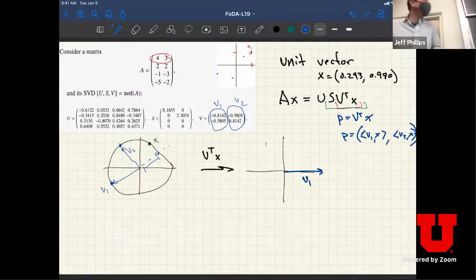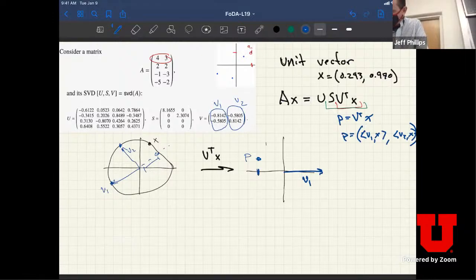So the first coordinate is going to be about here. The second coordinate, dotted onto V2, is positive, maybe about 0.6, or let's see, about 0.4.